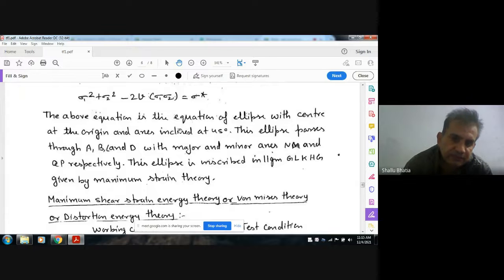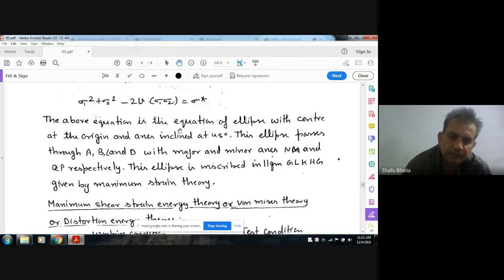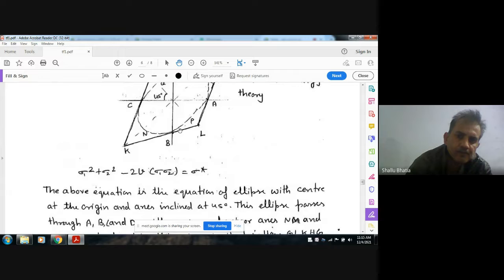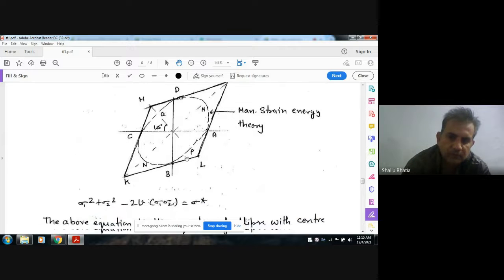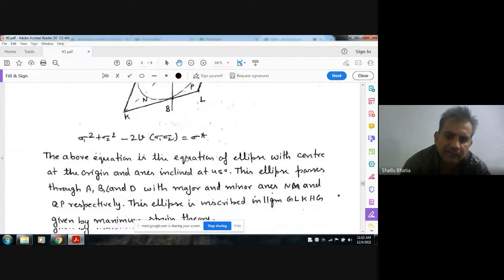This ellipse is inscribed in the parallelogram given by the maximum strain theory. Sorry, this is called the maximum strain theory, and this ellipse is inscribed within the maximum strain theory.